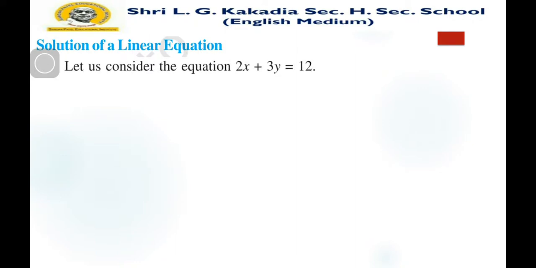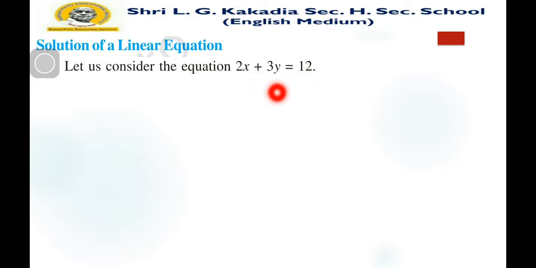Let us consider the equation 2x plus 3y is equal to 12. Here is one linear equation, 2x plus 3y is equal to 12. If you want to make both sides equal, we know that the RHS is 12.